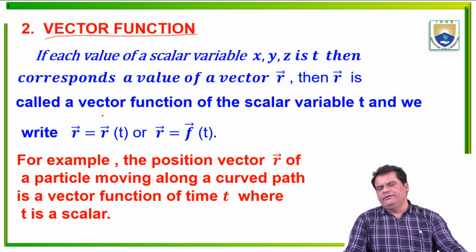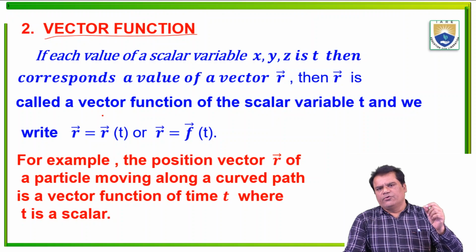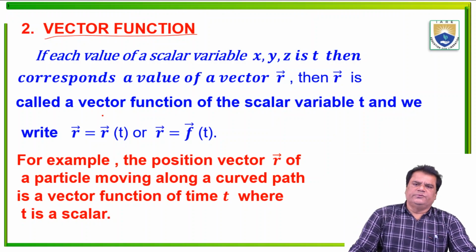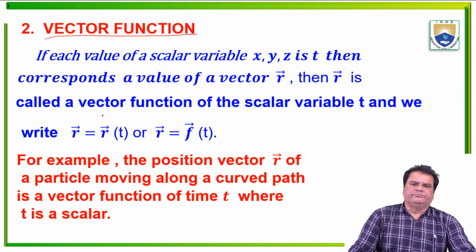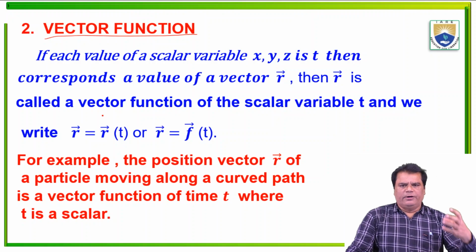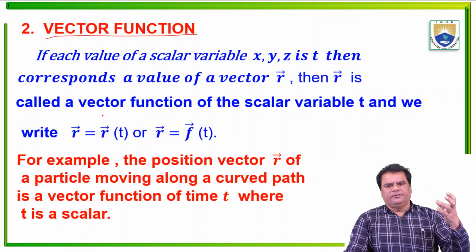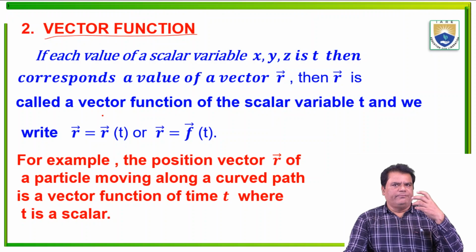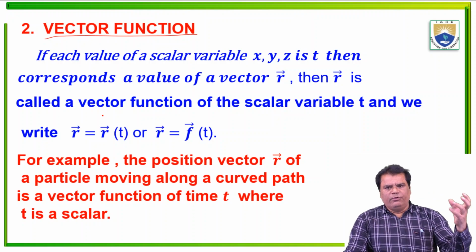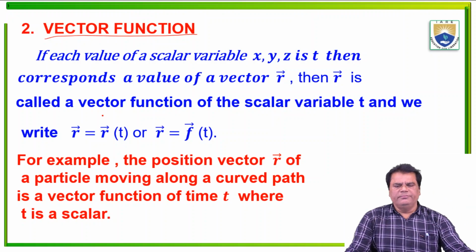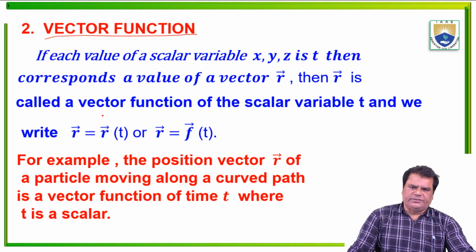If the value of the function is in vector form, that is known as a vector function. If the value of the function is in scalar form, that is known as a scalar point function.